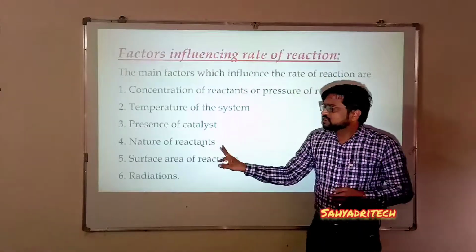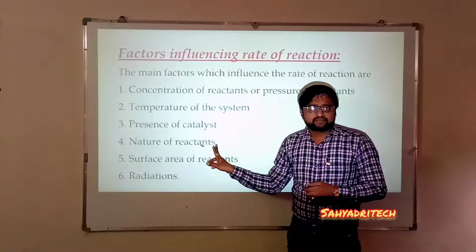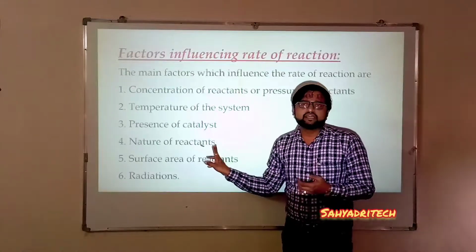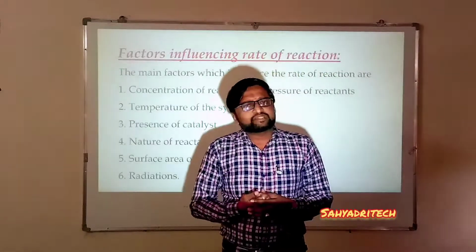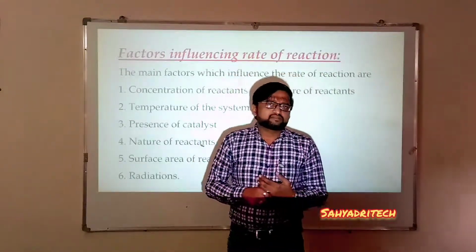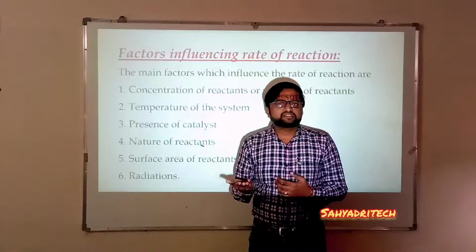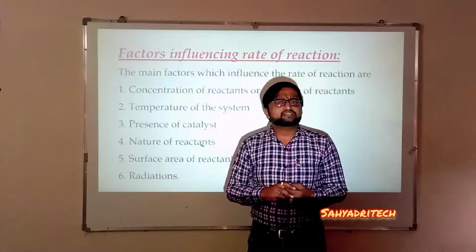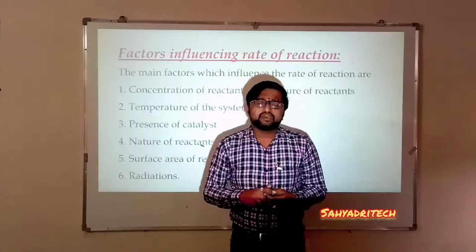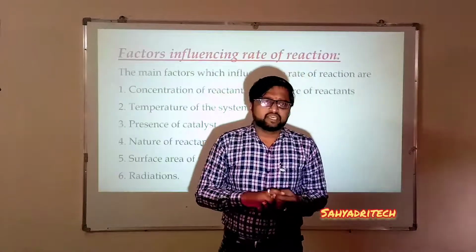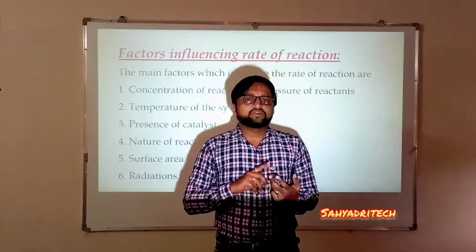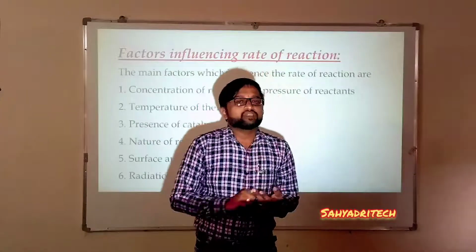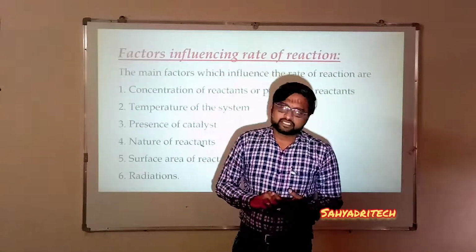Then the fourth one, nature of reactants, or nature of a reaction. As we know, there are ionic species as well as molecular species. Ionic species are involved in ionic reactions, molecular species are involved in molecular reactions. Therefore, we can say the nature of the reactant or the nature of a reaction also influences the rate of a reaction.